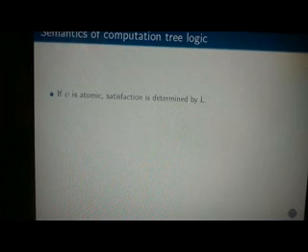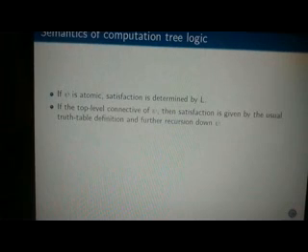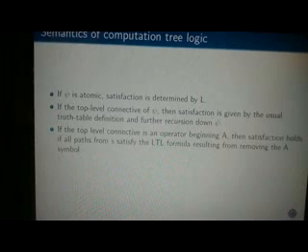So here we define the CTL formulas inductively with Backus-Naur form as done for LTL. Here if the top level connective of psi is Boolean, then satisfaction is given by the usual truth table definition and further recursion down the psi.